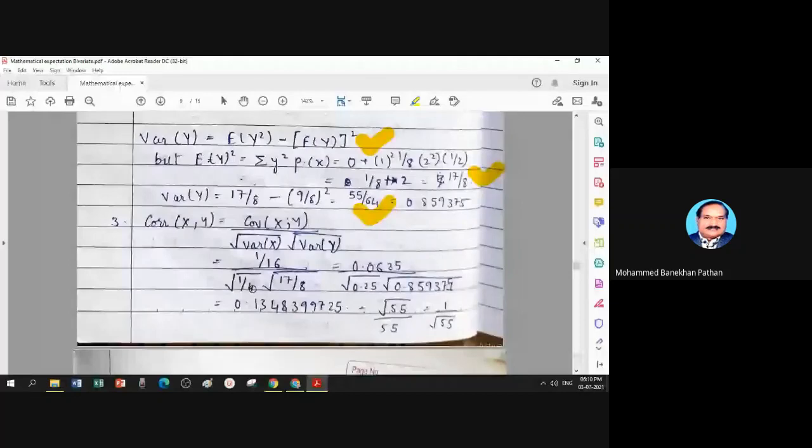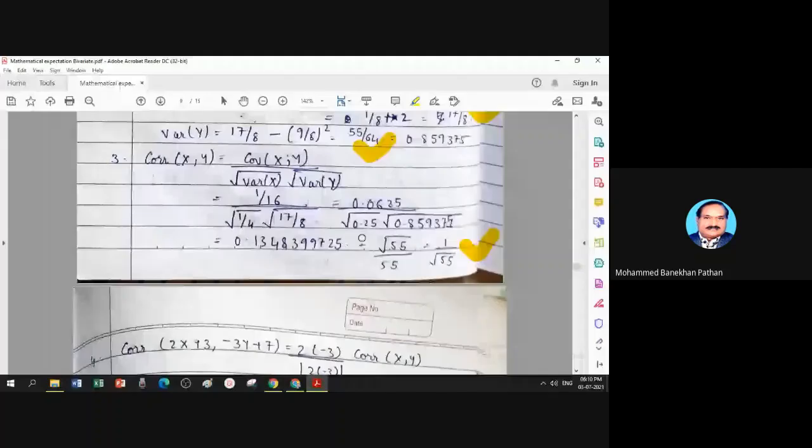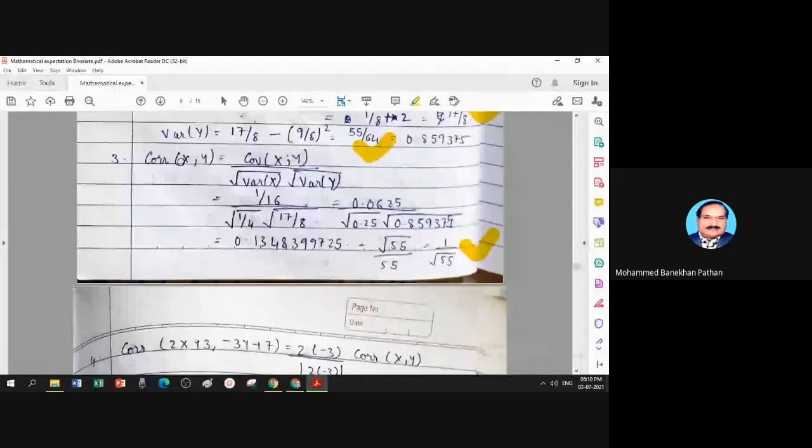This is your correlation coefficient, which is positive. That means the variables x and y are positively correlated. The interpretation: if x increases, y also increases, and so on.